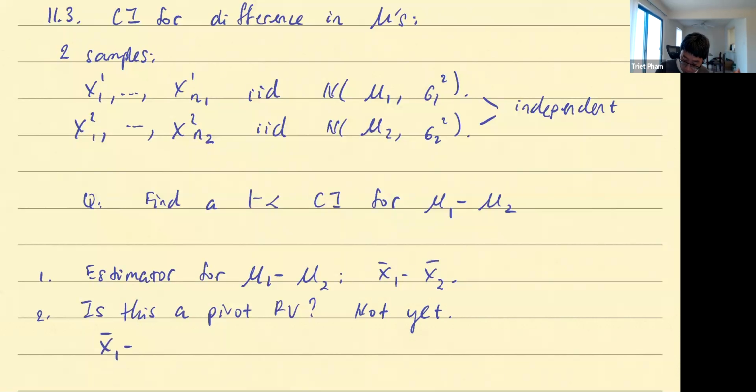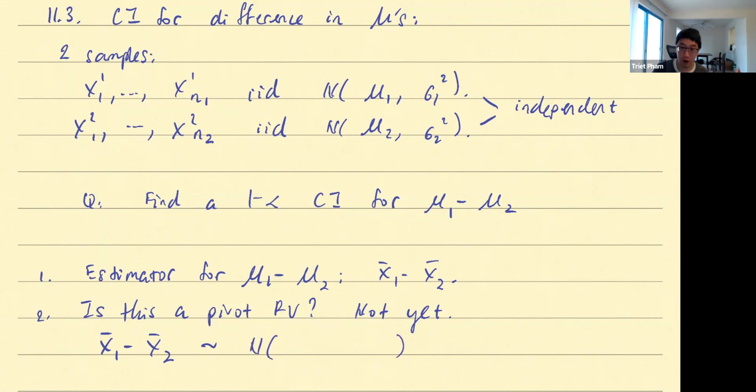Well, let's try to see why the not yet is the case. What distribution does x bar 1 minus x bar 2 have? Normal.